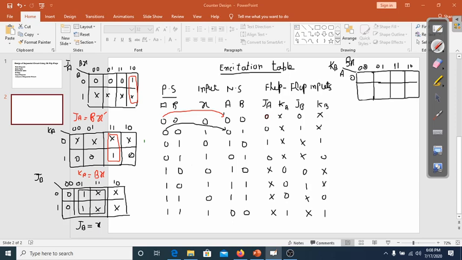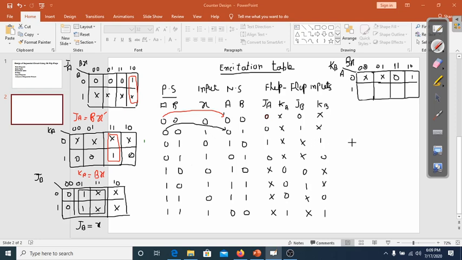So A could be 0 and 1. When we have combination 0 0 0, KB is don't care. When we have combination 0 0 1, KB is don't care. For combination 0 1 1, you can see this is equal to 0. For combination 0 1 0, KB is equal to 1.